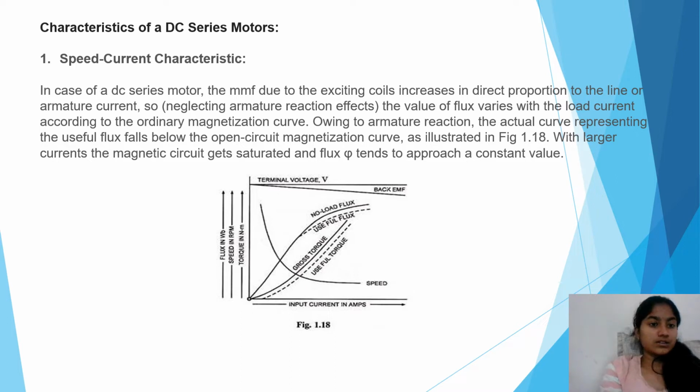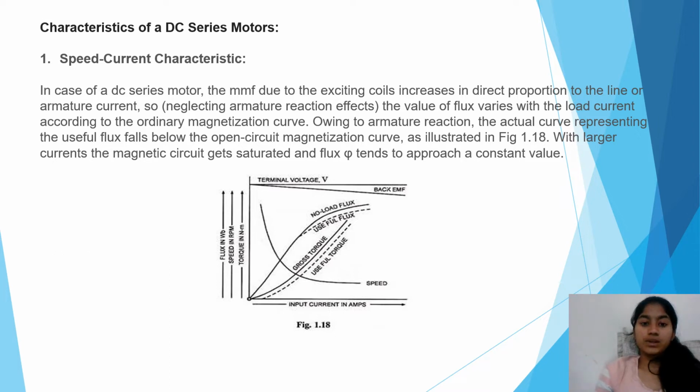Speed current characteristics. In case of a DC series motor, the MMF due to the exciting coils increases in direct proportion to the line or armature current, neglecting armature reaction effects. The value of flux varies with the load current according to the ordinary magnetization curve.